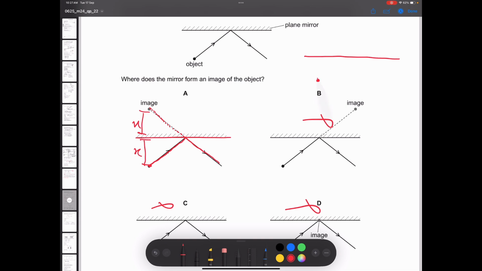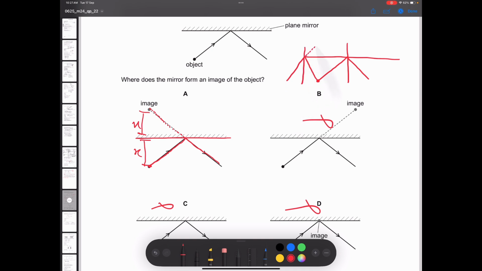You can simply draw one ray like this and reflect it at the same angle by marking the normal. Then draw another ray like this and reflect it at the same angle by marking the normal. Now retrace the reflected rays backwards, and you will notice that they meet at the same point. Currently it is a bit inaccurate because I'm not using a scale, but you understood the concept. You just retrace the reflected ray backwards and it will always form the image.